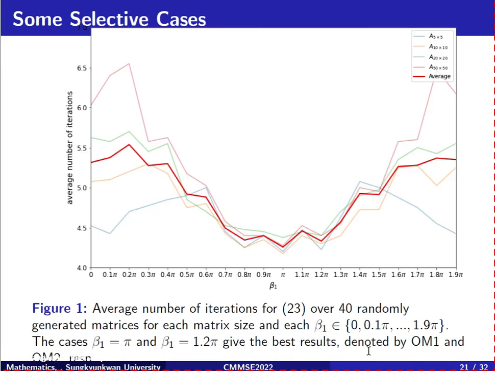Here's some numerical experiment on how to choose the optimal value of beta 1. I'm going to skip this one. The cases beta equal pi and beta equal 1.2 pi give the best result, so I'm going to denote them by OM1 and OM2.